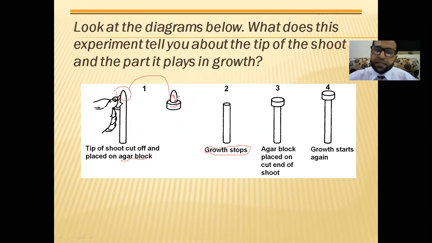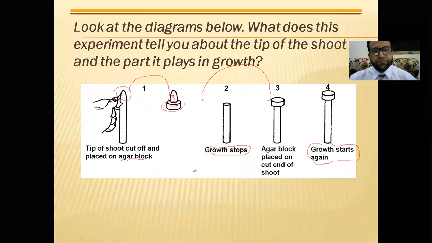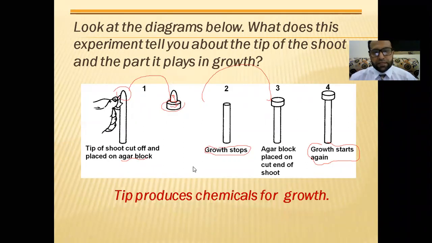And when we take this agar block and place it over that shoot, the growth starts again. So from here, we concluded that there is something that is produced by the tip of the plant and that has an important role in the growth of the plant, right? Tip produces chemicals for growth.